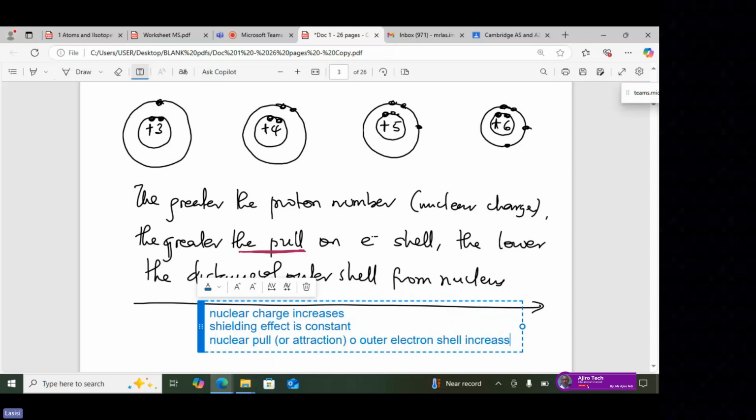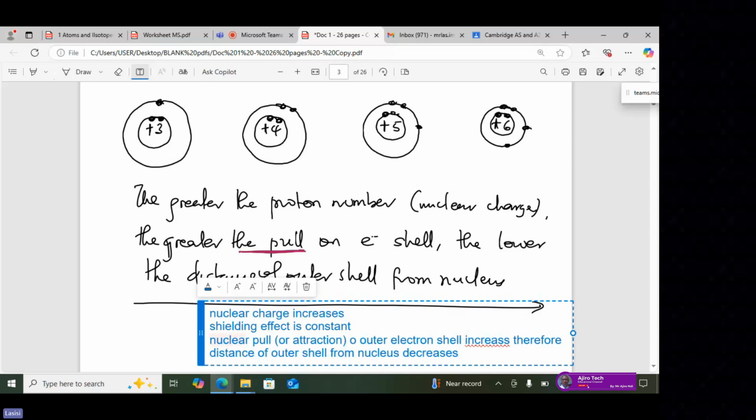Increases. Therefore, what happened? Therefore, the distance of the outer shell from the nucleus decreases. Is that okay?